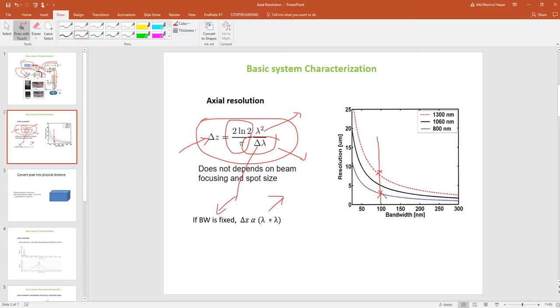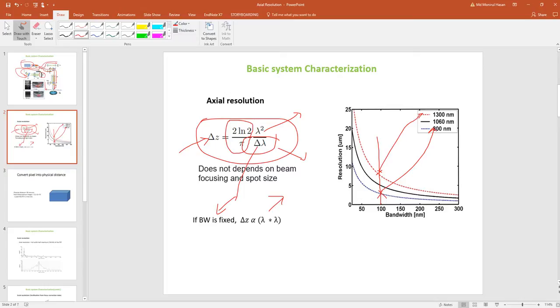That means the 800 nanometer setup has better resolution than the 1300 nanometer data. So we want a small wavelength laser source so that we can have good axial resolution.